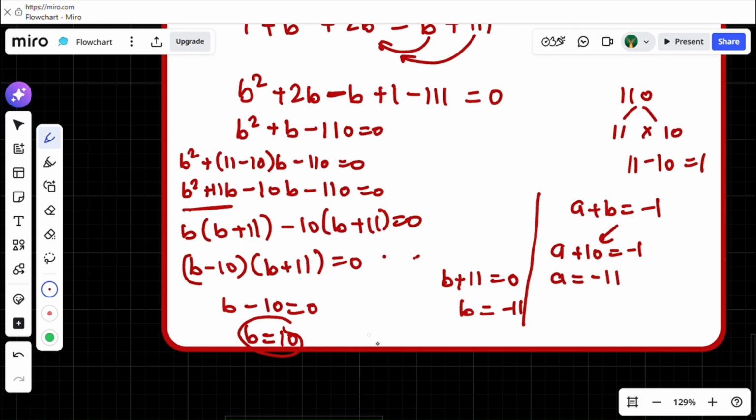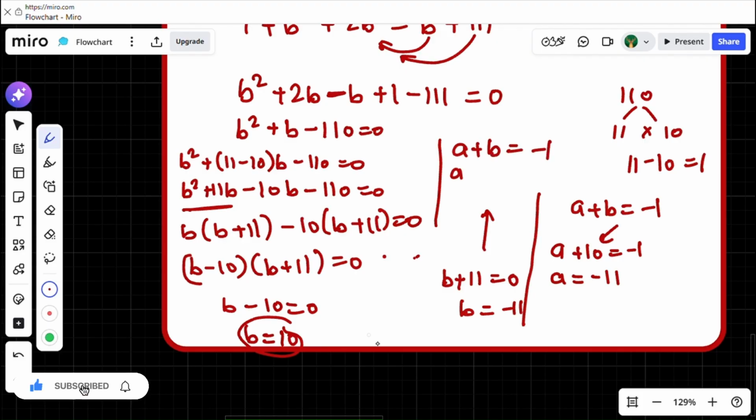And if I put B minus 11, A plus B is equal to minus 1 and A minus 11 is equal to minus 1, so A is equal to 10. So we can see that if B is equal to 10, so A is equal to minus 11. And if B is equal to minus 11, so A is equal to 10.